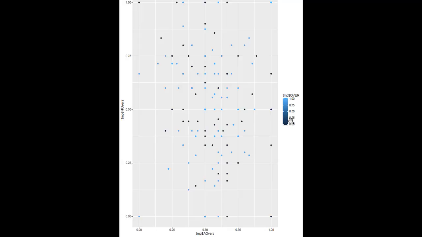Or I might even change the key so that light blue is over, dark blue is under. I don't have a title, that would also help. So, this is not the best of plots, but it was just a last minute thing where I was just curious to see what this would tell us.